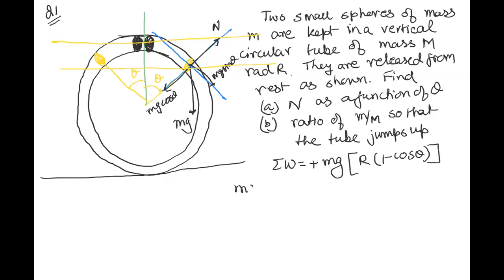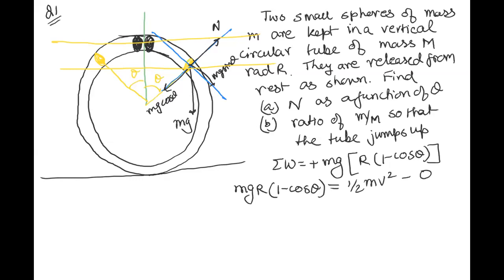So mgr into 1 minus cosine theta is equal to final kinetic energy half mv square minus initial kinetic energy.